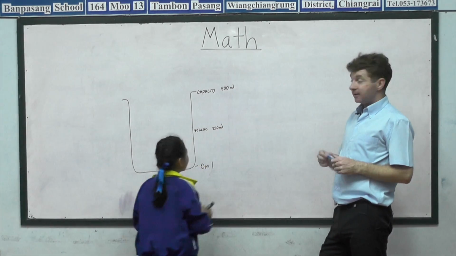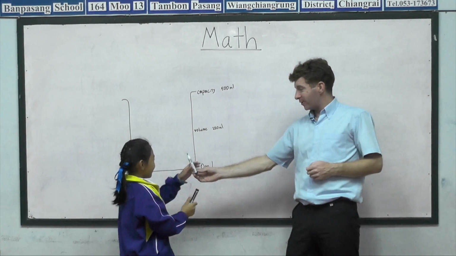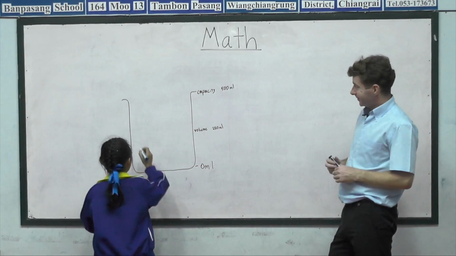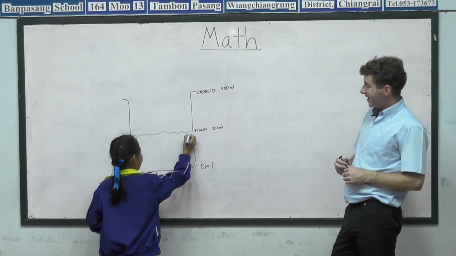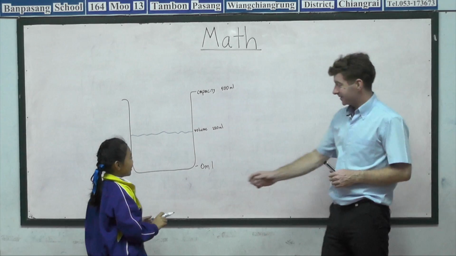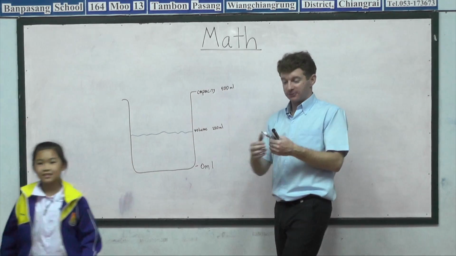And finally, we need our watermark. So can you draw our water going across in blue? Excellent, Nadia. Can I get a high five? And can we give her a round of applause?